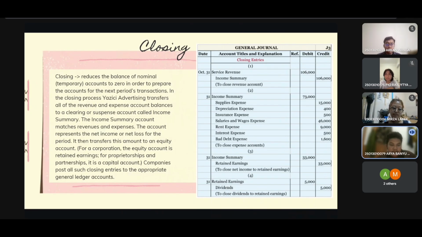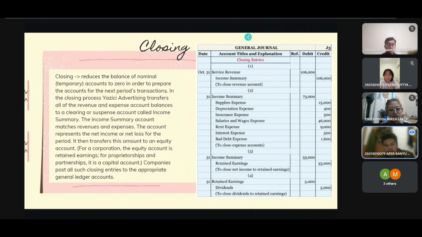After that, they transfer it into the equity account. For a corporation, the equity account is retained earnings, but for proprietorship and partnership, it's the capital account. After that, companies post all of the accounts into closing entries.